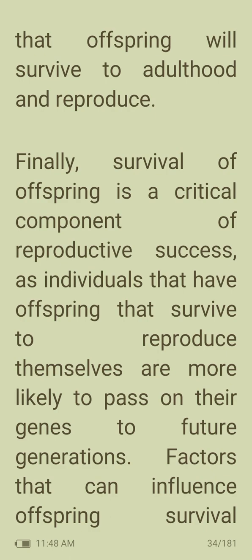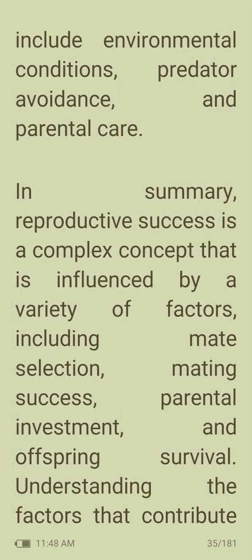Finally, survival of offspring is a critical component of reproductive success, as individuals that have offspring that survive to reproduce themselves are more likely to pass on their genes to future generations. Factors that can influence offspring survival include environmental conditions, predator avoidance, and parental care.